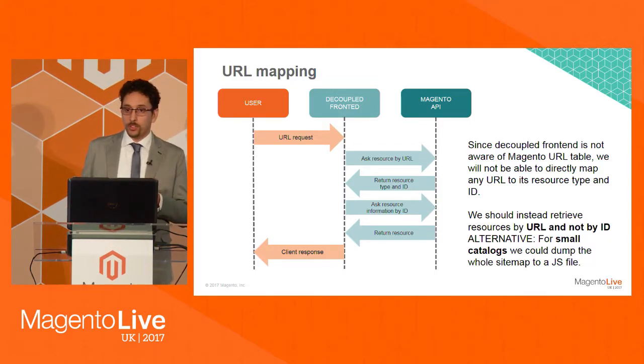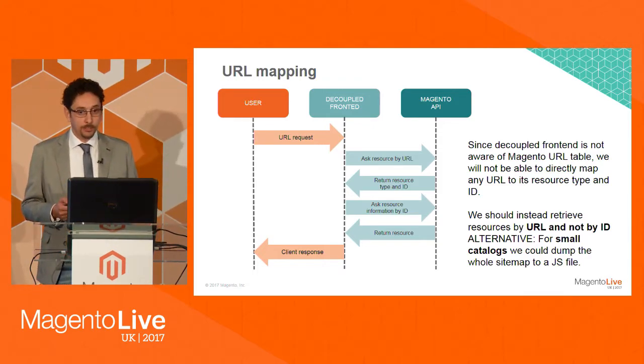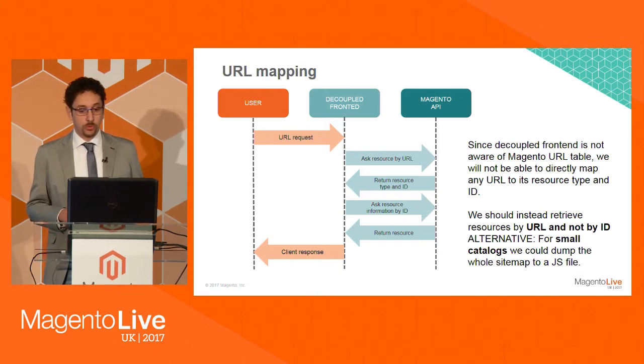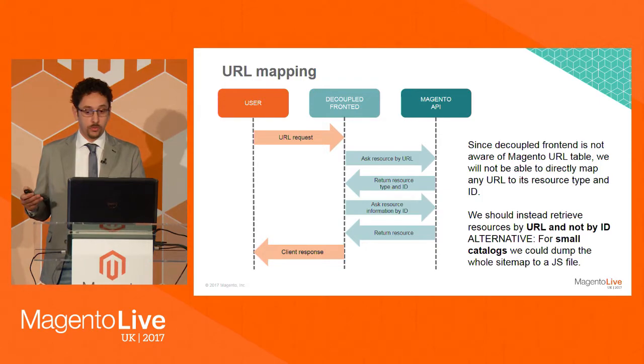So what we have to do is create a two-step system. First of all, we have to request what kind of resource we are going to view. And the second step is to request details about this resource.